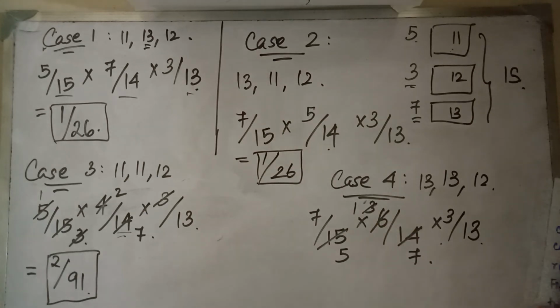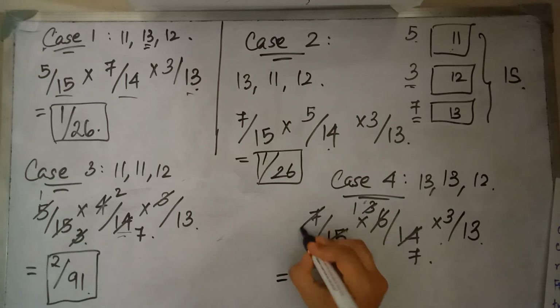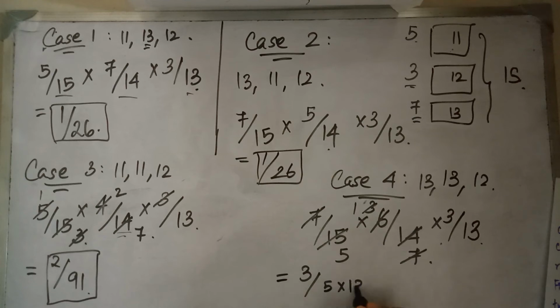So we will have 3 by 5 into 13. And this will give us 3 by 65. Let me just double check if this is correct.